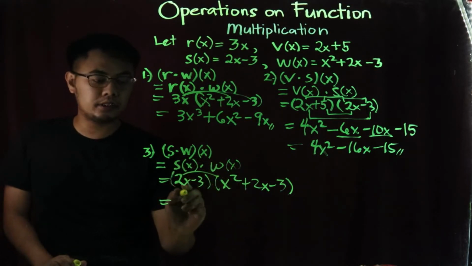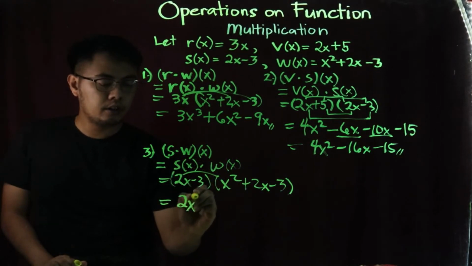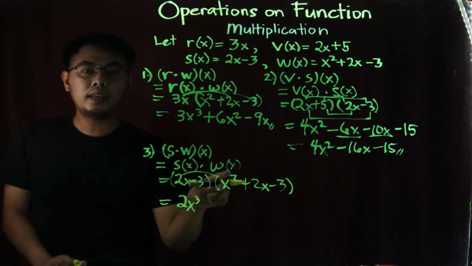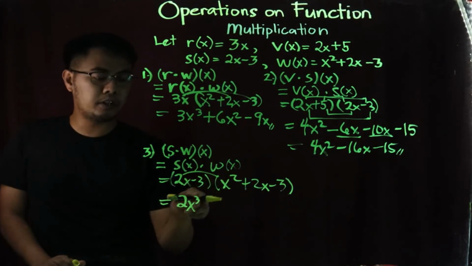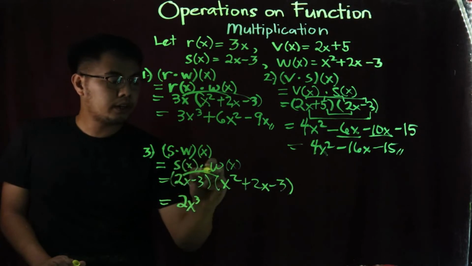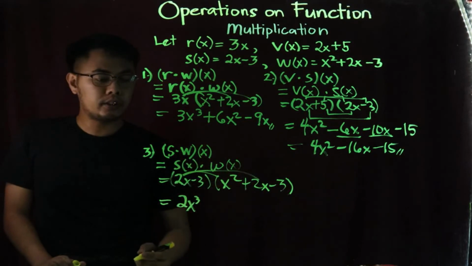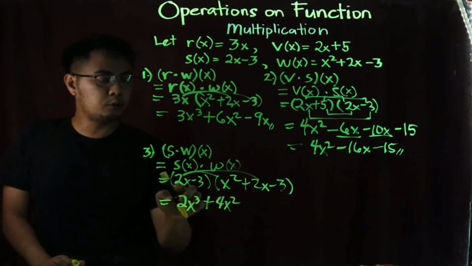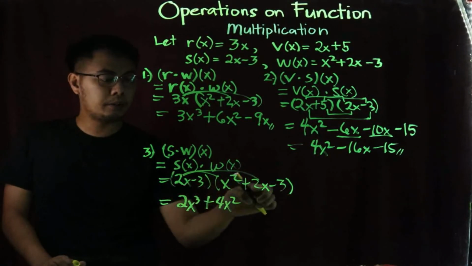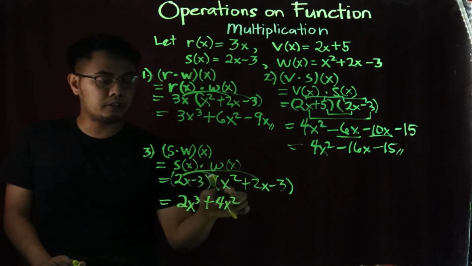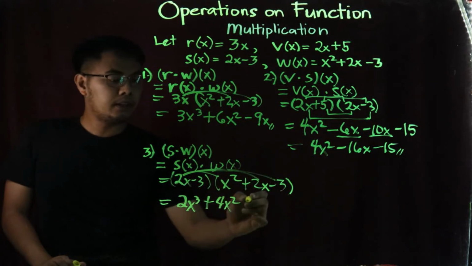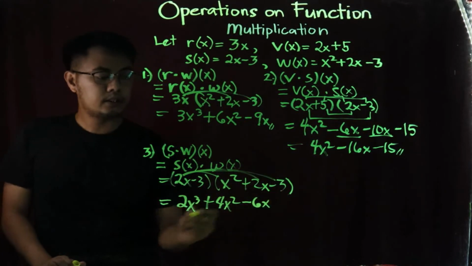So, 2x times x squared, that is 2x cubed. Naging cube kasi kapag nag-multiply ka ng variable, i-add yung exponent. 1 plus 2 is 3. 2x times 2x, nagiging 4x squared. Kasi 2 times 2, 4. X times x, add the exponent, 1 plus 1 is 2. 2x times negative 3, magiging negative 6x.